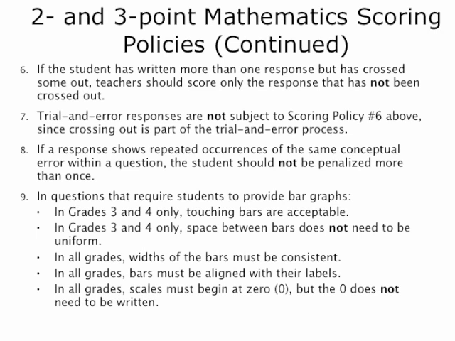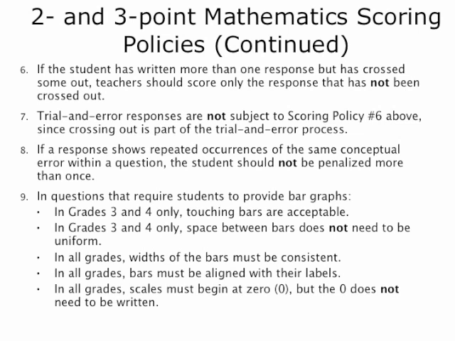Scoring policy number 6. If the student has written more than one response but has crossed some out, teachers should score only the response that has not been crossed out. Number 7, trial and error responses are not subject to scoring policy number 6 above, since crossing out is part of the trial and error process.